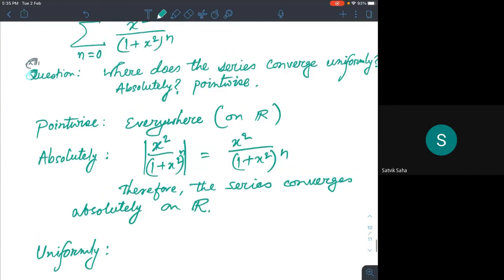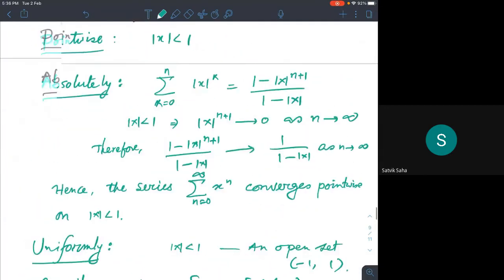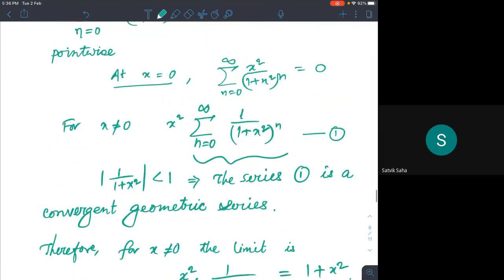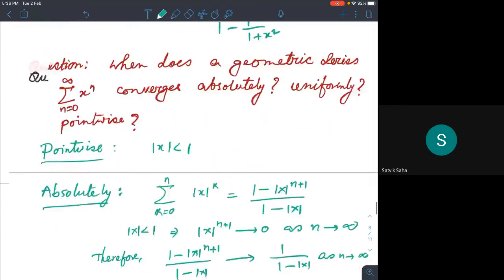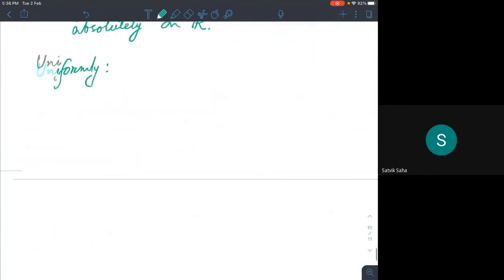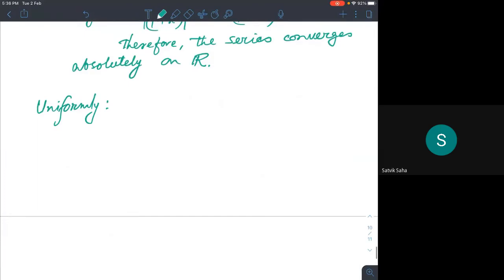So the problem is the limit. What was the limit? The limit was this, at x equal to 0 and x not equal to 0, this one. So we need to look at the limit. Pointwise limit is very helpful in understanding whether it converges uniformly or not.